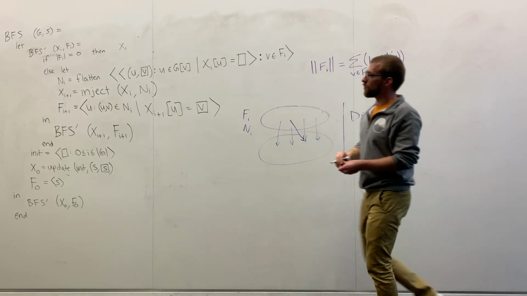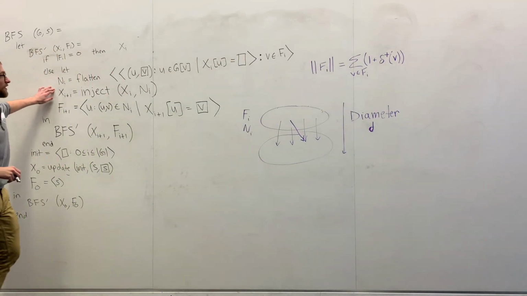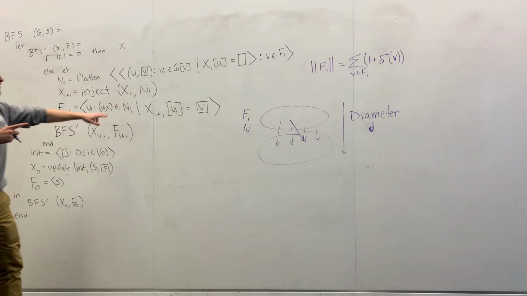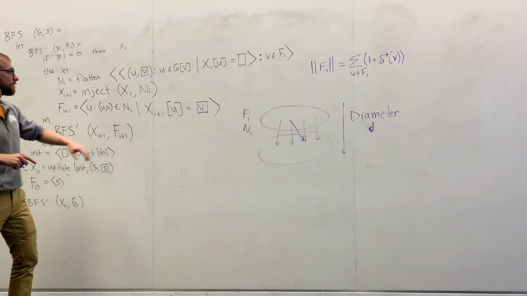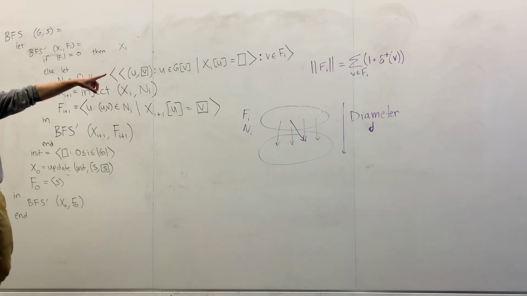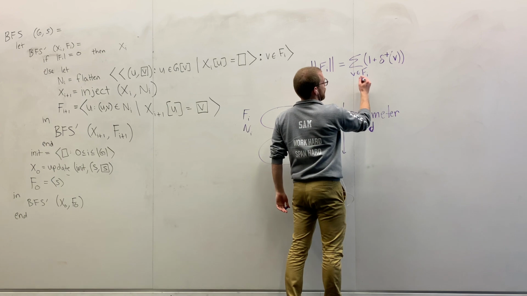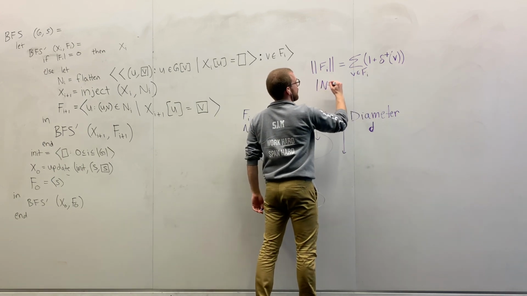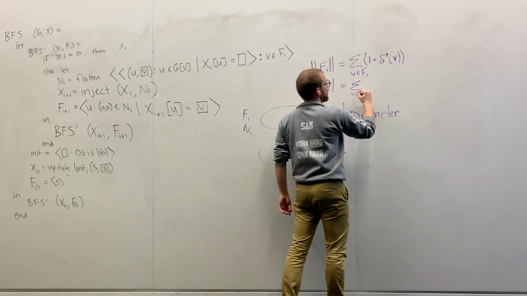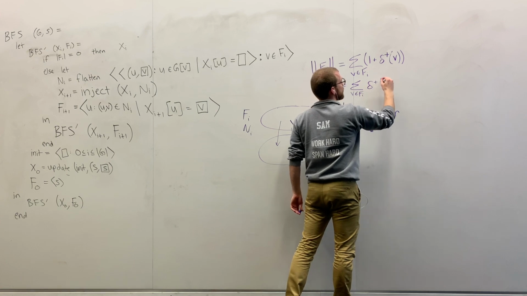Okay. So what other costs do we have on a round? Well, we have to do this inject. The inject is going to pay, once again, at least 1 for each update. We're just counting work here. So we're going to pay for the size of Ni. Well, the size of Ni is equal to just the sum over v in the current frontier of just the out degree.